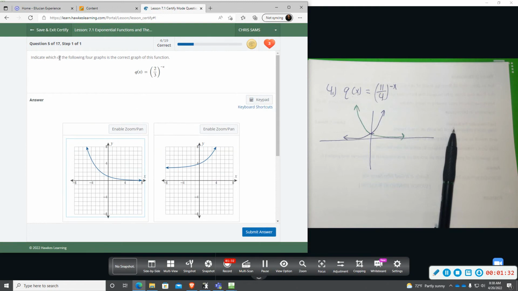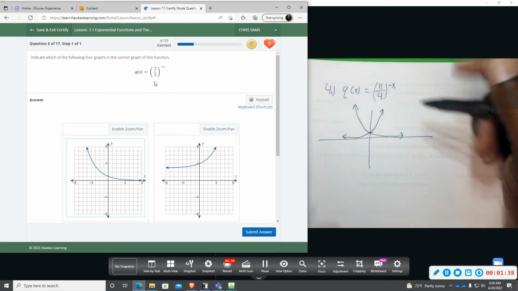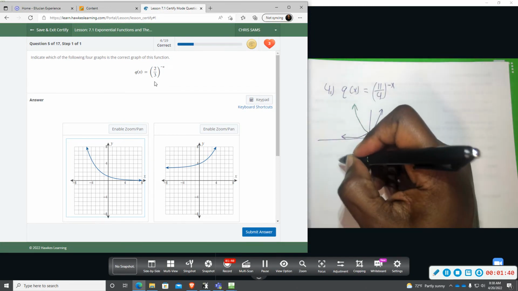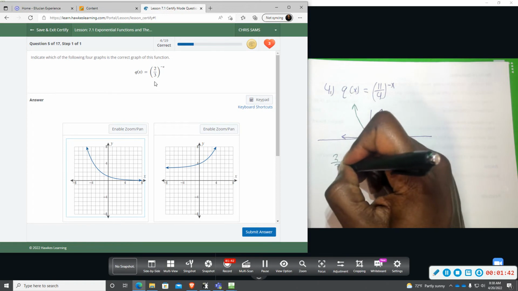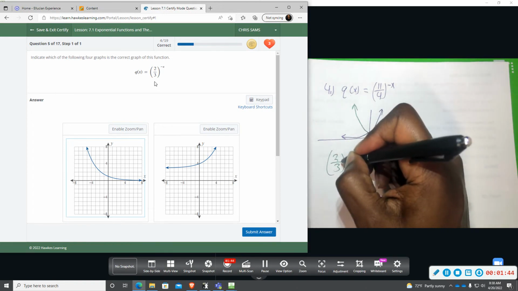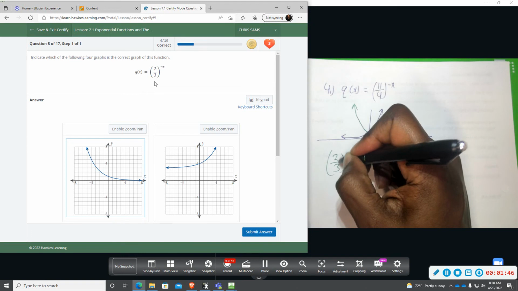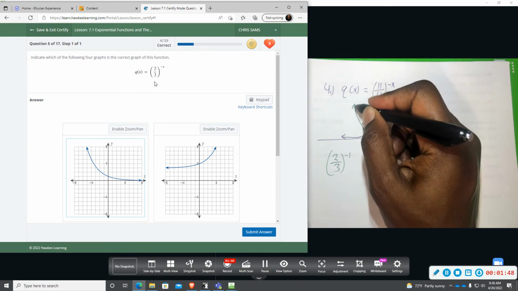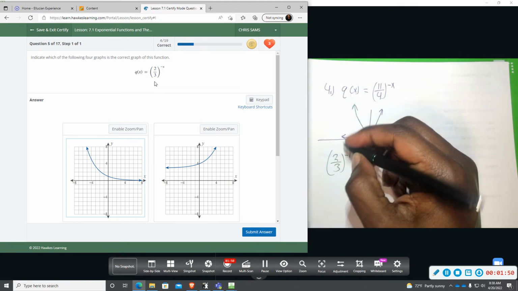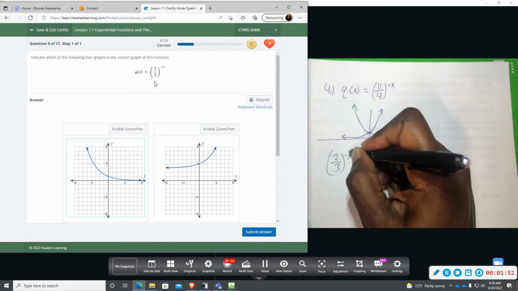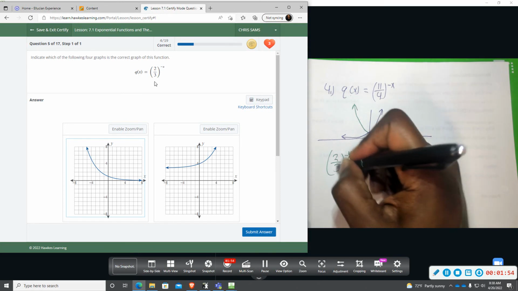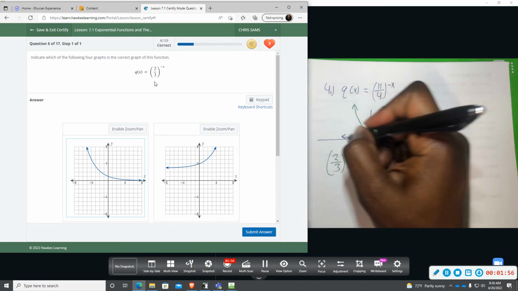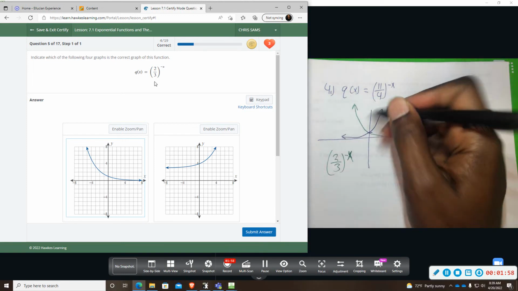Alright, same thing for number 5. So you have 2 over 3, which is less than 1. This would traditionally decay, but because of the negative x, it's going to flip across the x-axis, so it's going to look like growth.